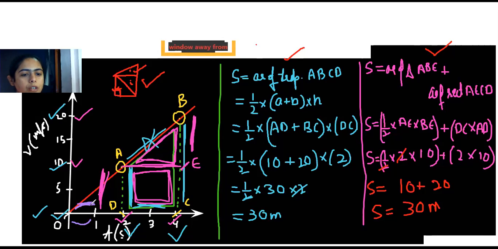When time goes from 0 to 1, velocity goes from 0 to 5. When time goes from 1 to 2, velocity goes from 5 to 10. When time goes from 2 to 3, velocity goes from 10 to 15. Equal variation is going on in time, equal variation is going on in velocity. So this is uniform acceleration. Okay.